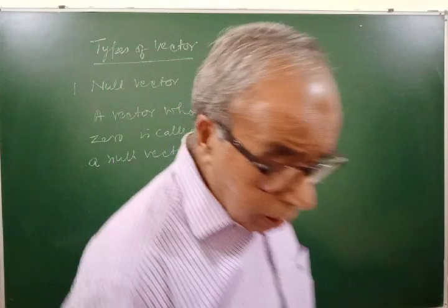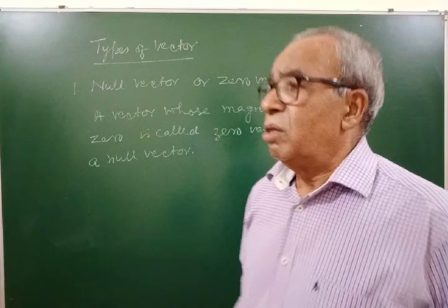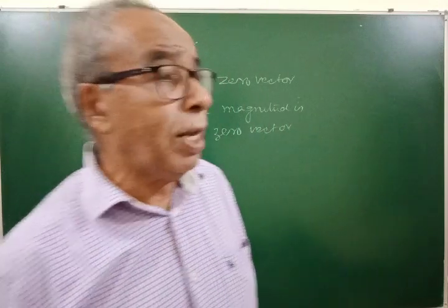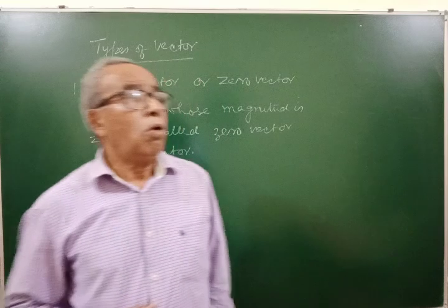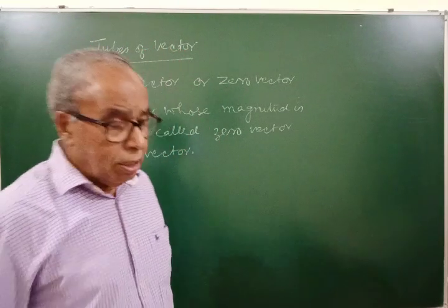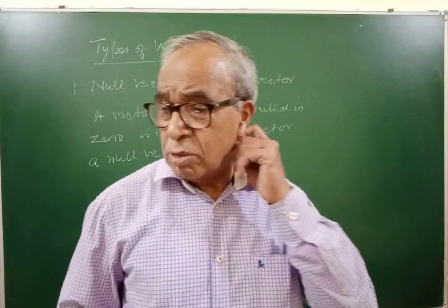Now, why is the zero vector needed? In physics, we write some equations, some formulae. If the left hand side represents a vector quantity, or say work, then the right hand side should also be work.